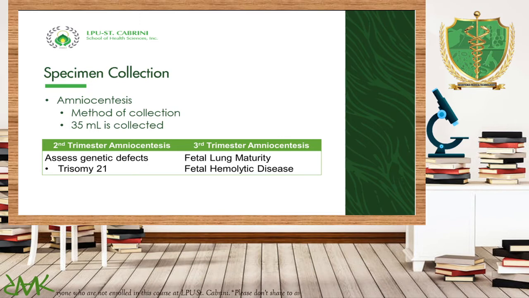Amniocentesis during the second trimester of pregnancy is used to assess genetic defects. Again, amniocentesis during the second trimester is used to assess genetic defects. An example of which is trisomy 21, Down syndrome.